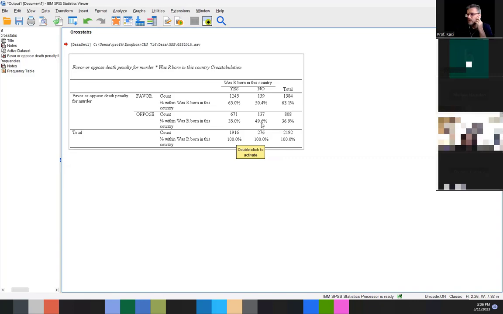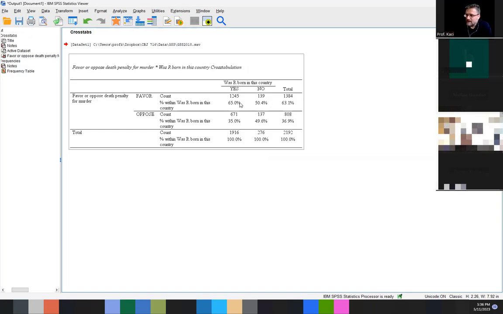Of those who are not born in this country, 50 and 50. So they're split in half virtually. Okay, less than 1%. But that is not how you compare. You compare across the row, even though total percentages are in the column. And actually, because the percentages are in the column, you are able to now look at the difference of percentages across the row.